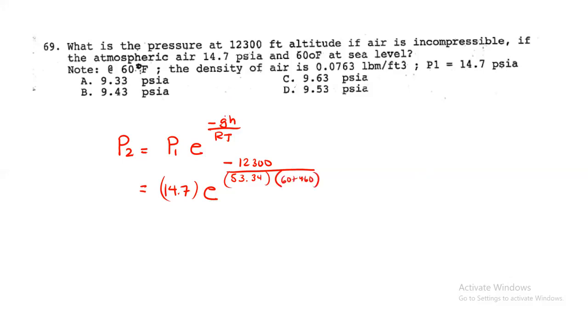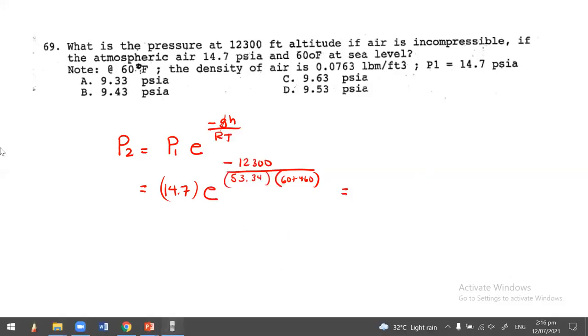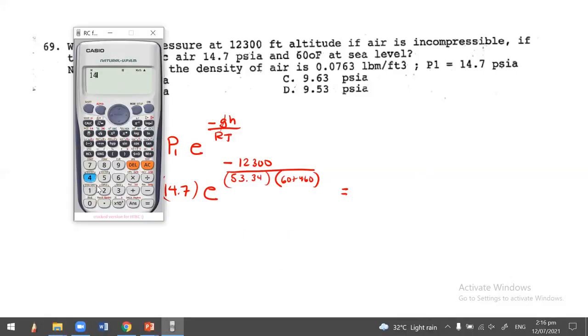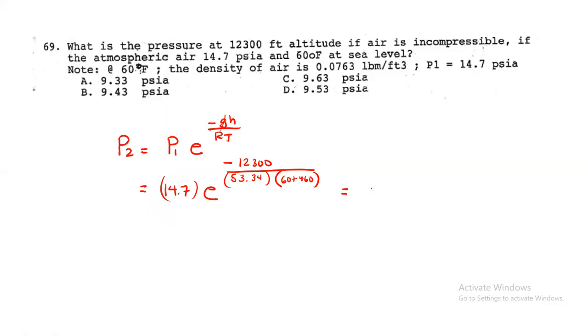So tatandaan niyo pag English, tatanggalin niyo na yung G dyan. So ilan yung lalabas? 14.7 E raised to negative 12,300 over 53.34 times 60 plus 460. So 9.43 PSIA. So the answer is letter B.